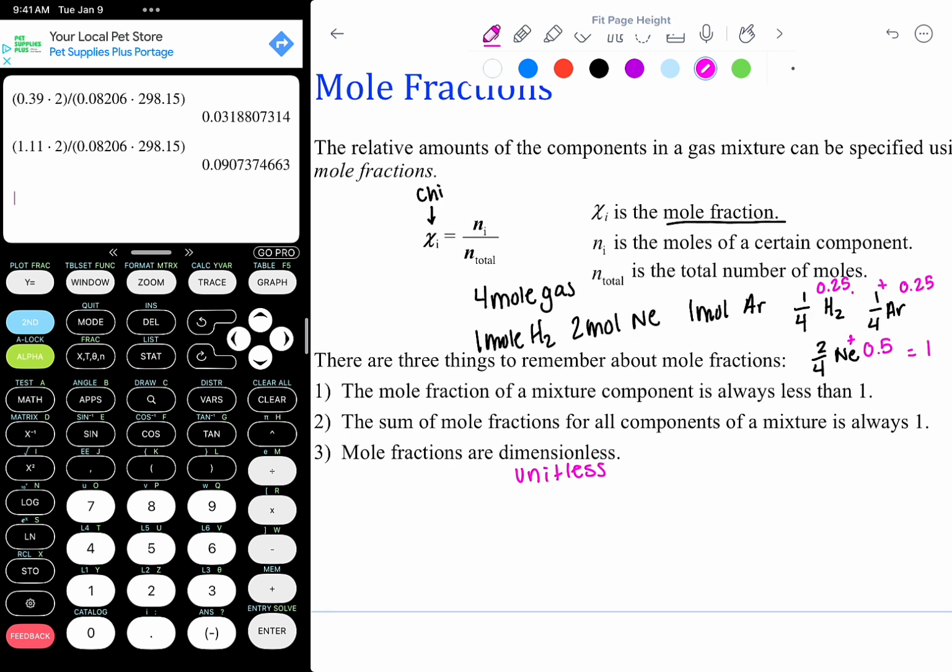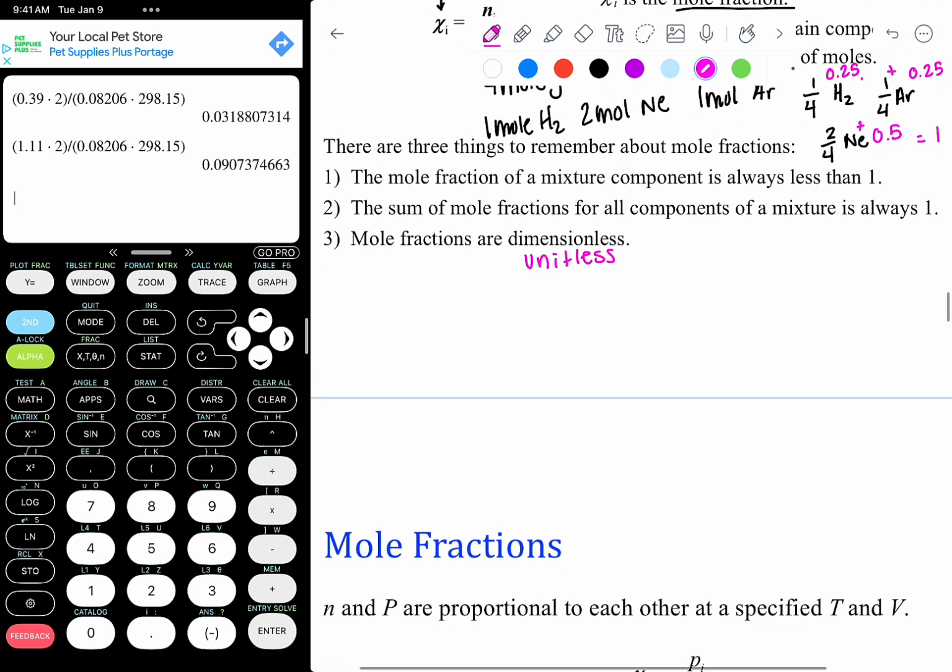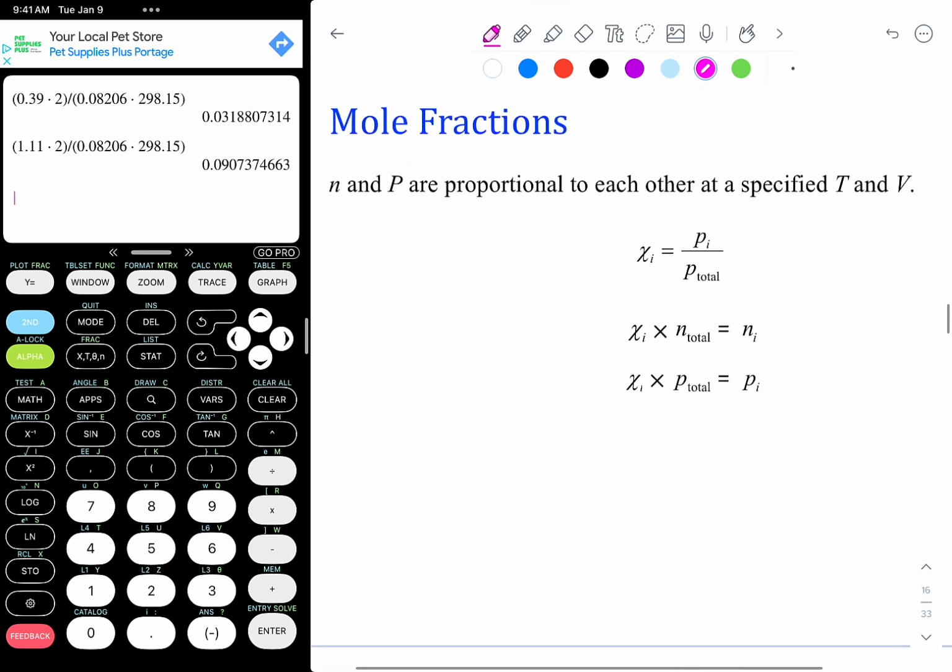Okay, so let's use some mole fractions. We can relate the number of moles and the pressure because in a mixture, the number of moles and the pressure that the sample exerts on the overall container are proportional to each other as long as the temperature is held constant and the volume remains unchanged.